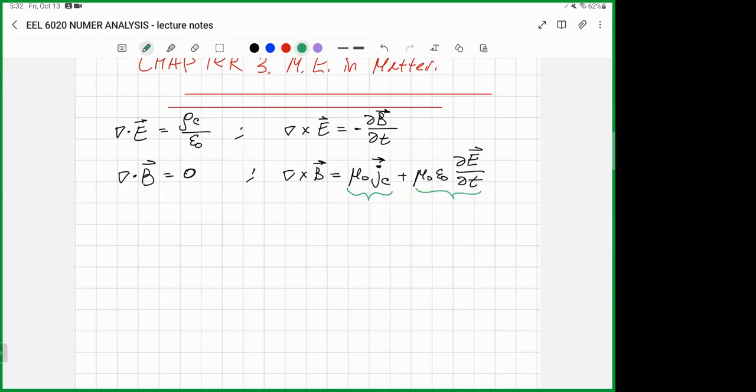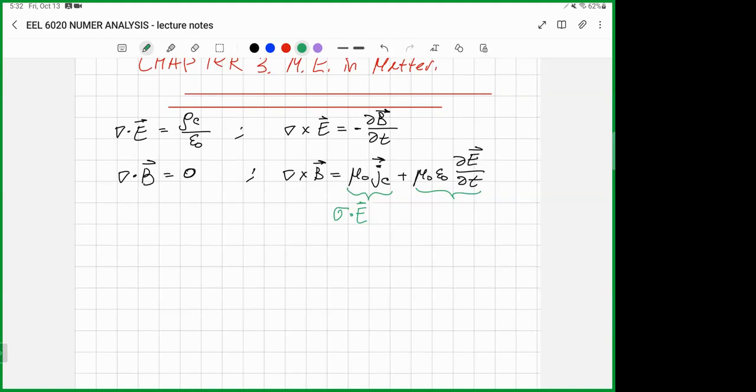The property of such substances, like metals, to conduct currents is given by the conductivity, sigma, and the current is proportional to the electric field. So this is the first one.